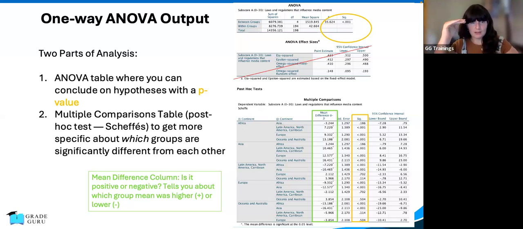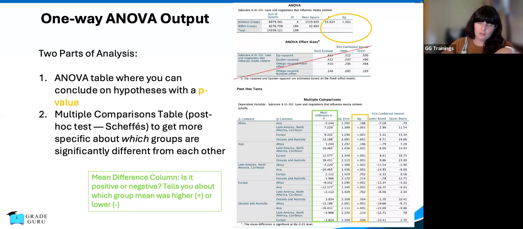You start with the p-value, have a look to see which 2 groups were being compared there. Then pay attention to whether it is positive or negative in the mean difference. And then you conclude with a sentence saying, Africa has a significantly higher average than Latin America, North America, Caribbean. And always make sure to mention the variable, which in this case is laws and regulations, whatever your variable is.